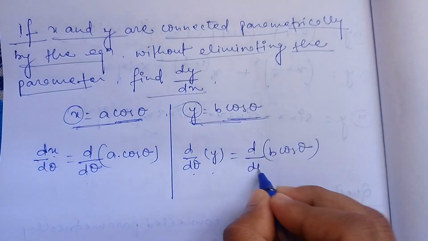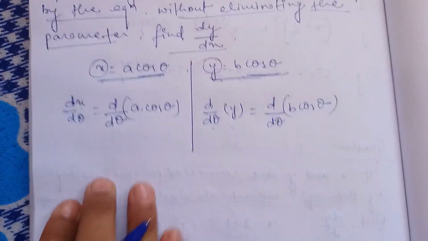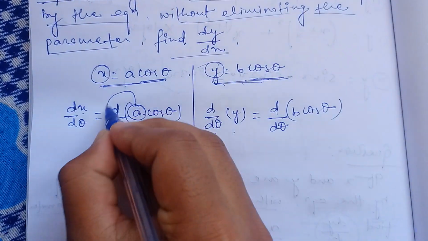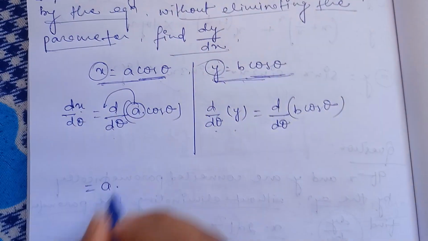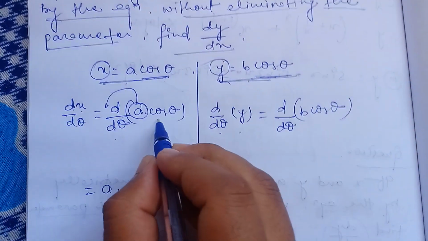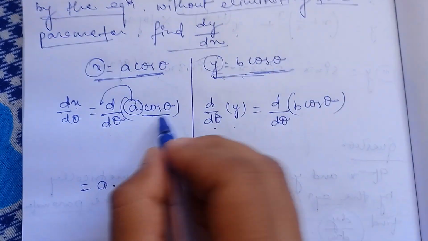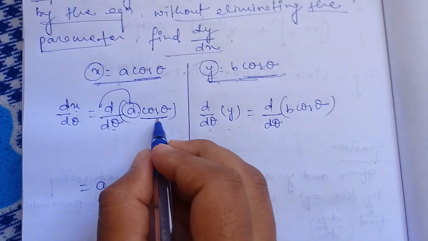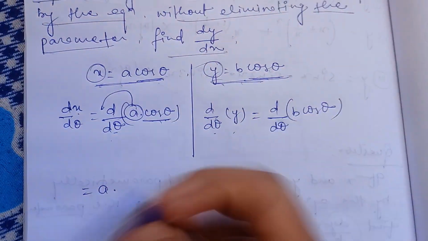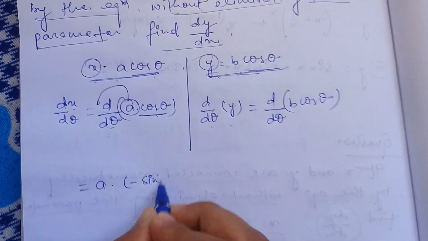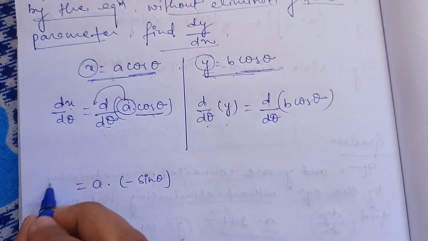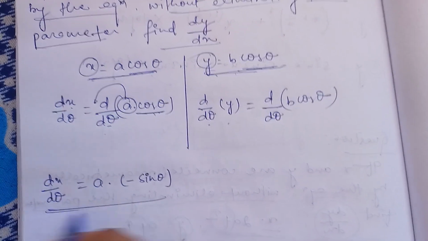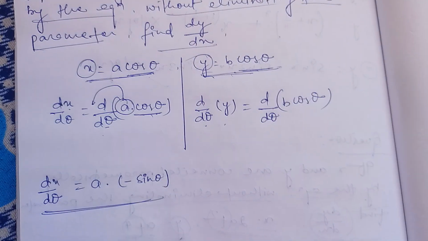We know a is a constant value, so it goes outside, a times cos theta differentiated with respect to theta. The derivative of cos theta is minus sin theta, so dx by d theta is equal to a into minus sin theta.